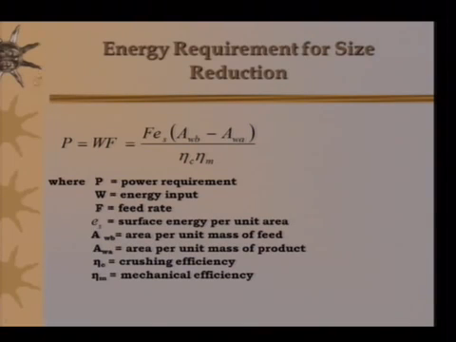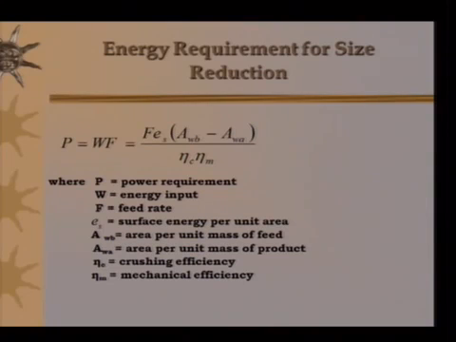That is P = WF = FE_S (A_WB - A_WA) / (N_C N_M), where P is the power requirement, W is the energy input, F is the feed rate, E_S is the surface energy per unit area, A_WB is the area per unit mass of the feed, and A_WA is the area per unit mass of product. N_C is the crushing efficiency and N_M is the mechanical efficiency.